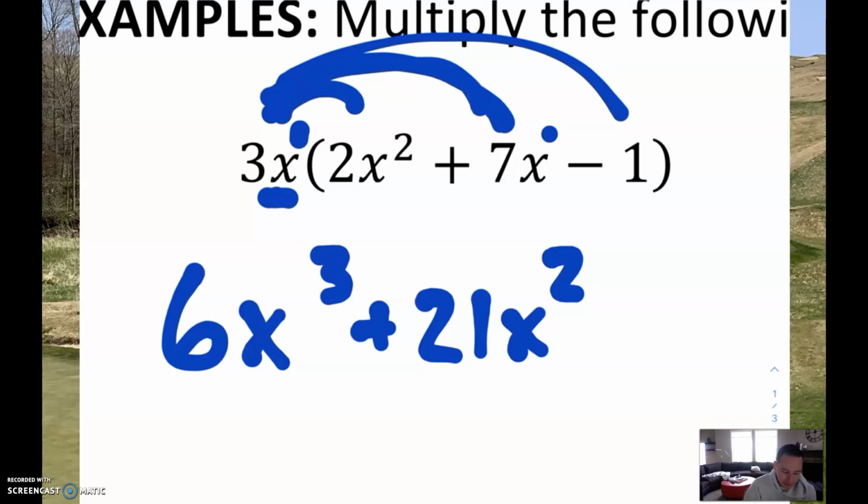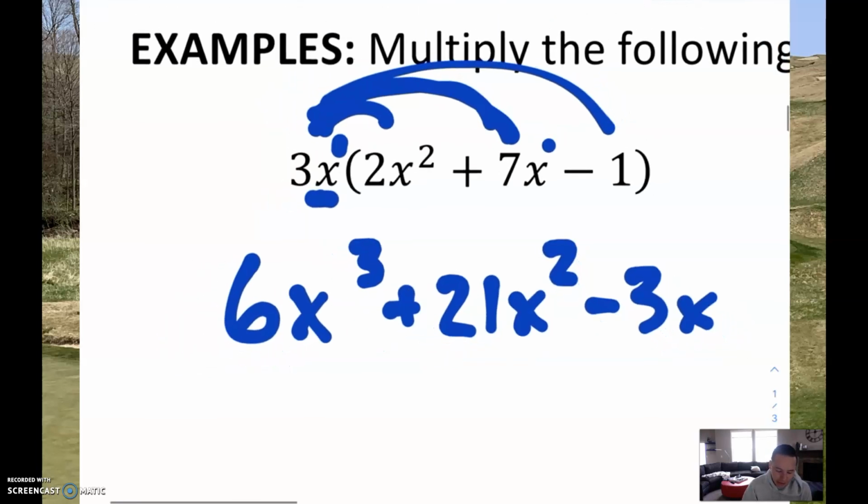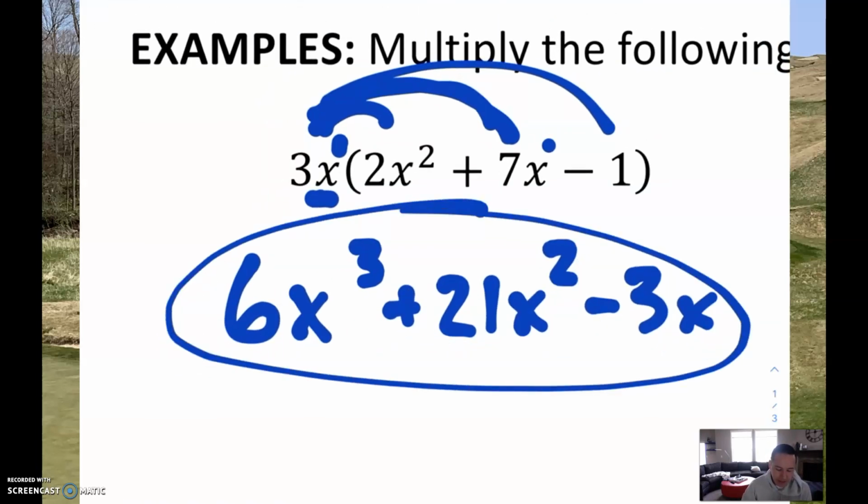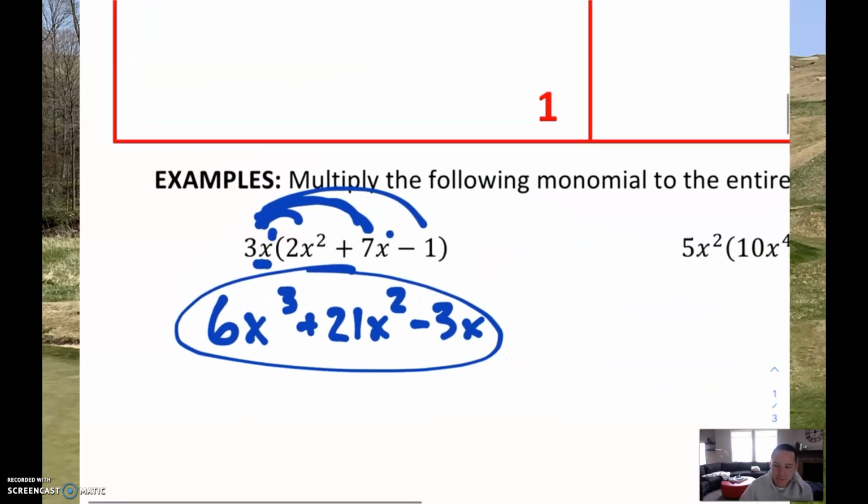And then the last one, 3x times negative 1, that just becomes a minus 3x. Anything times 1 is itself. The negative just switches the sign of it. So this is your final simplified answer: 6x cubed plus 21x squared minus 3x.